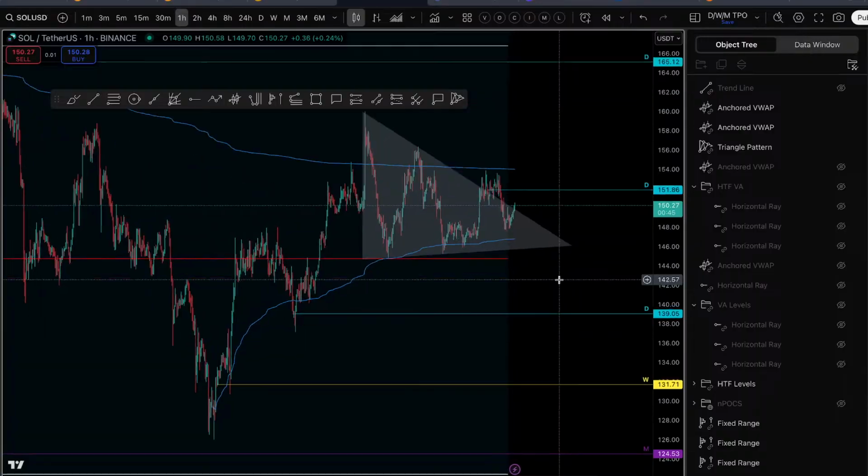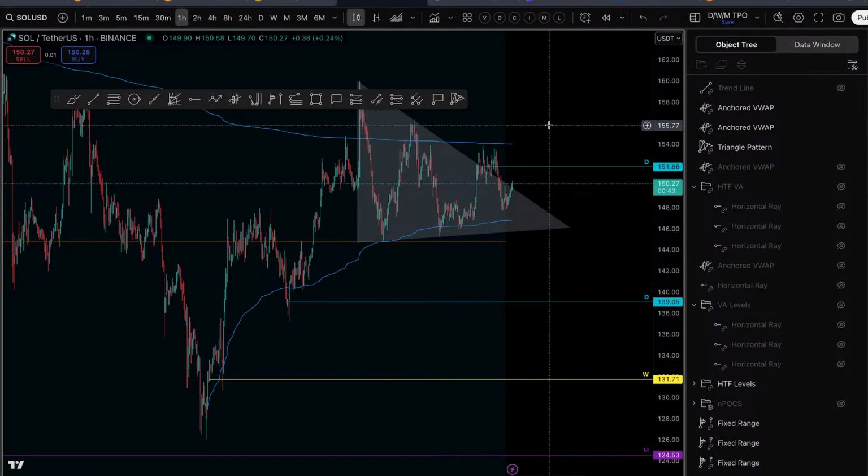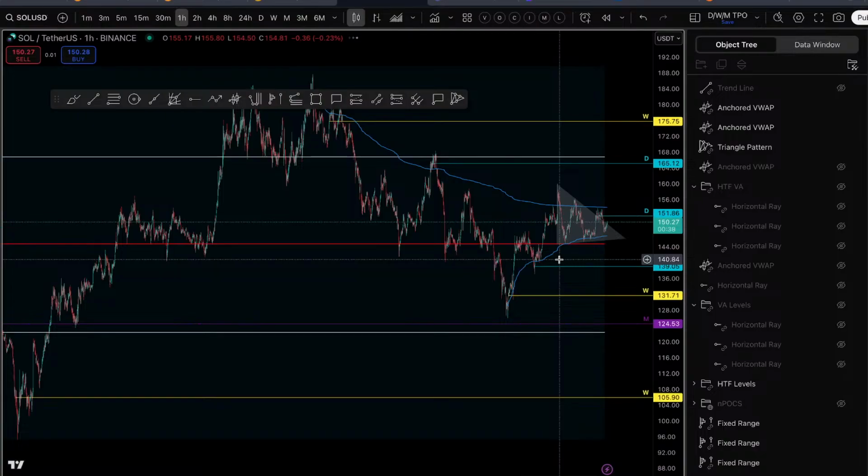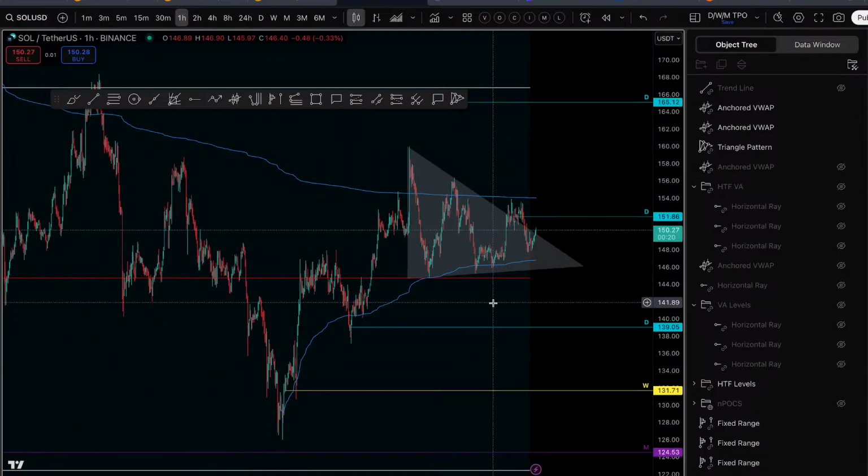But the important thing is either way the anchored VWAP breaks, we're going to blast at this point, which, seeing other assets, seems like it's going to be higher because Bitcoin is bullish, ETH is bullish, so why not Solana? It could be higher, and we're also above the point of control, so sure.